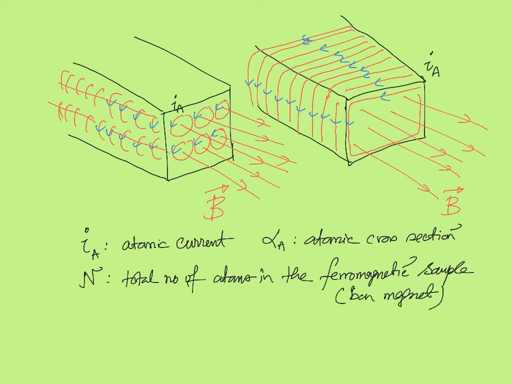Bar magnets are made of ferromagnetic substance. So in ferromagnetic substance, all the atoms may have this magnetic moment, all aligned in a particular direction. In other substances you don't have this. So they are gifted with this nature, and you have to use some external magnetic field also.